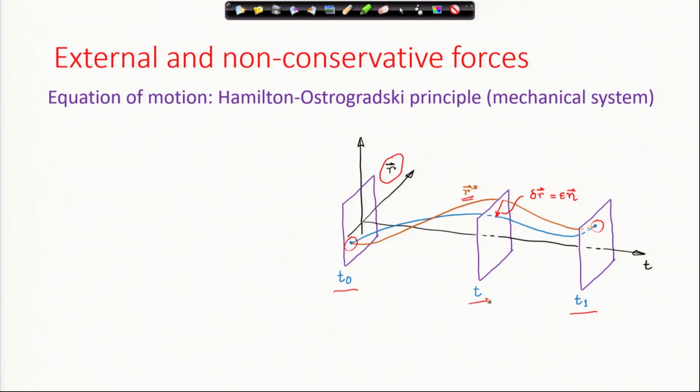At any intermediate time t, we have discussed the variation operator delta operating on the path, delta r, and that is equal to epsilon times eta.